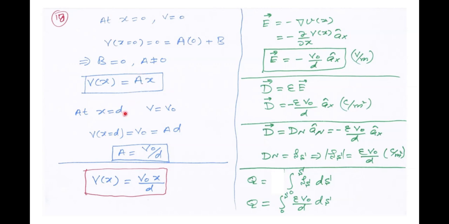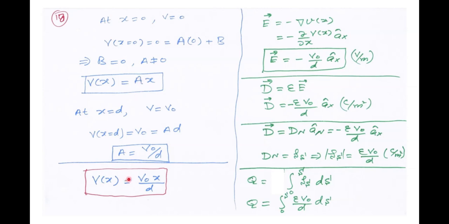At x equal to d the potential is V naught. So using this condition in this equation, we obtain the value of a, which is V naught divided by d. Plug in the value of a in this equation.